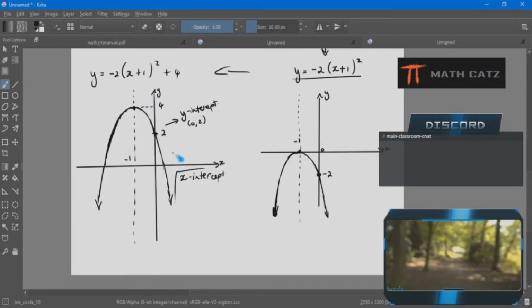That's too hard. I can't trust my graph that much. So I set y equal to 0 and solve the equation that I get. I'll flip the equation around a little bit: negative 2(x plus 1) squared plus 4 equals 0. I like my stuff on the left.